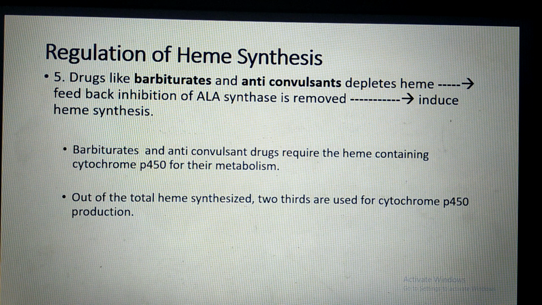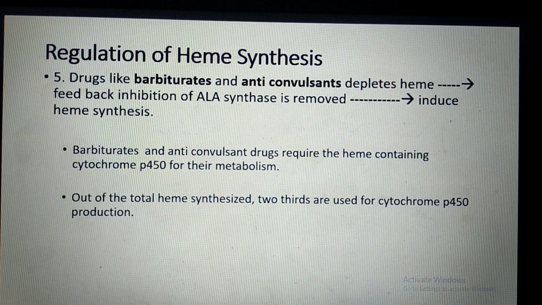Cytochrome P450 synthesis requires heme. Therefore, when we consume these drugs, the synthesis of cytochrome P450 increases, which will utilize the heme, and therefore there is depletion of heme.